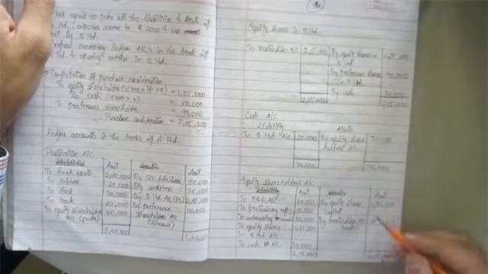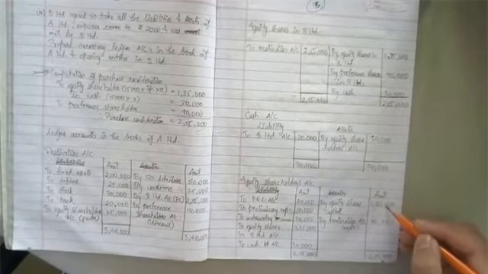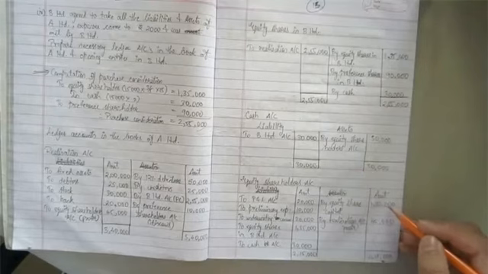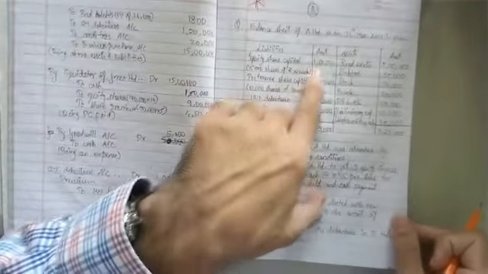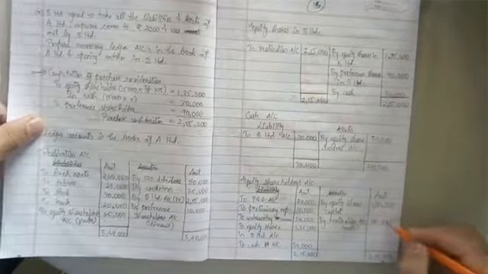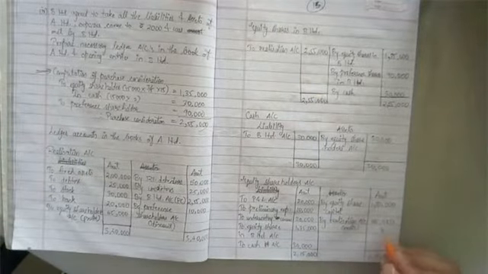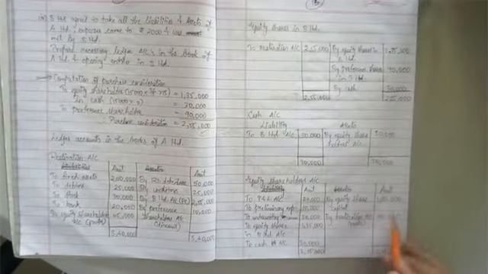And this is balanced by equity share capital, 1,50,000, which was there in the problem, and the remaining balancing figure 65,000. We have tallied from here 65,000. So even here the balancing figure is 65,000, so we are good.